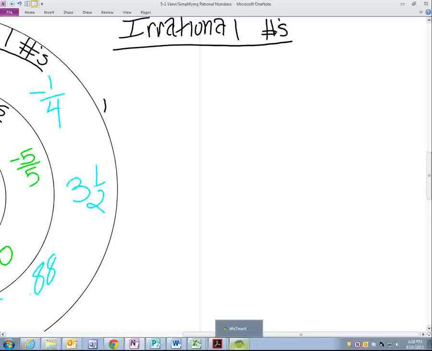The irrational numbers are all the other ones that we didn't do yet. I'll just do them on the computer.